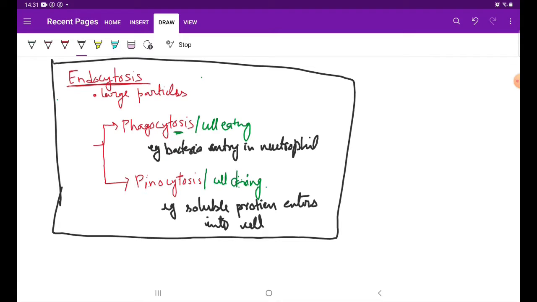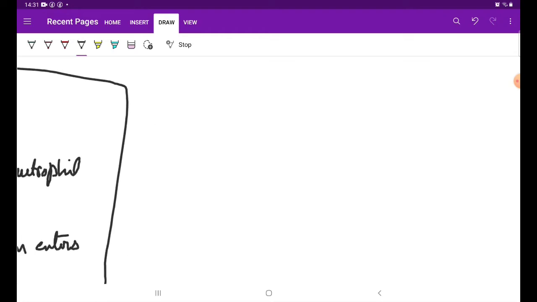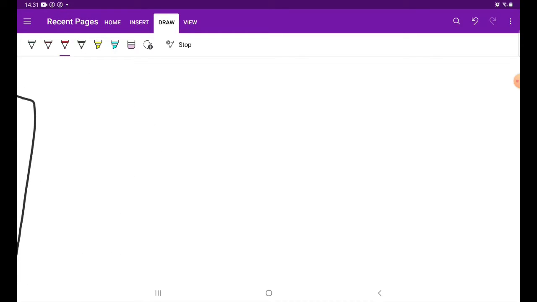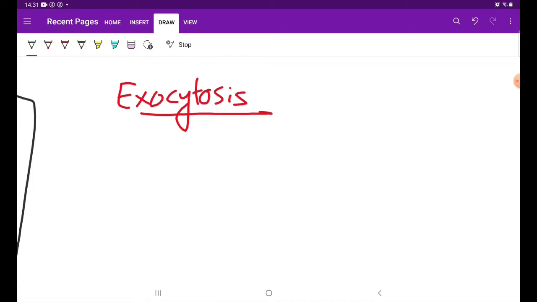Now we will discuss exocytosis. It's basically also called reversed pinocytosis.